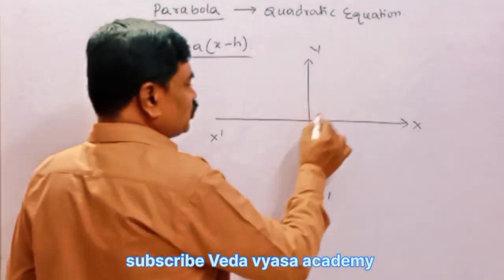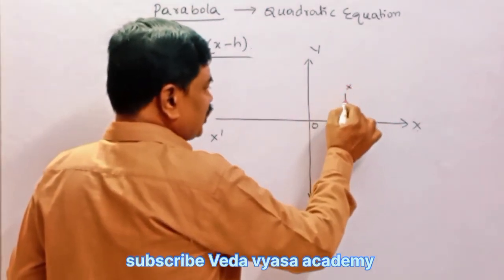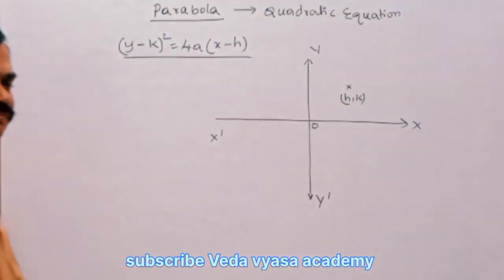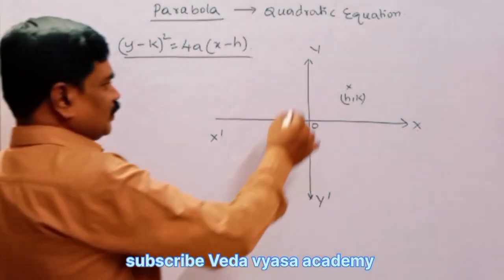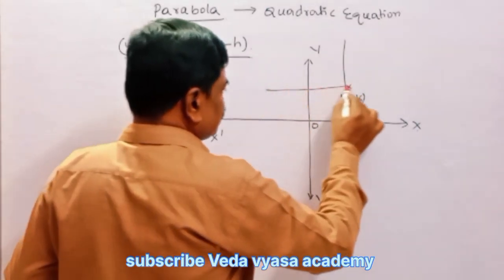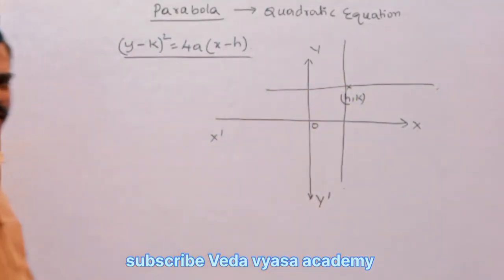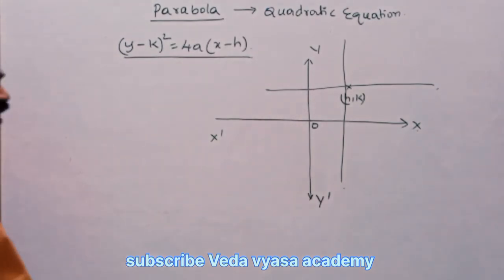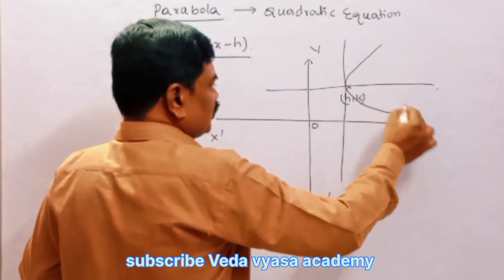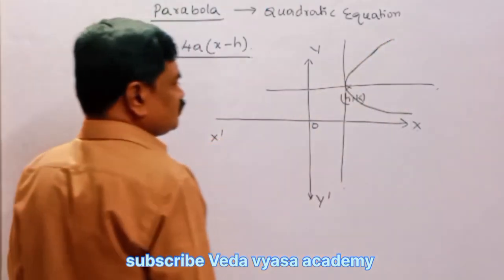Origin shifted to (h, k). Then what is the y axis? What is the x axis? Like this. Then what is the curve? Here, this is the curve.